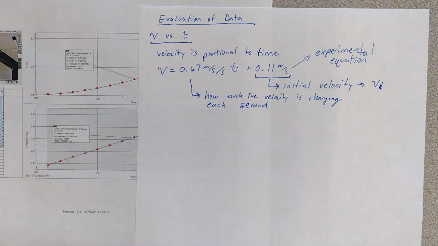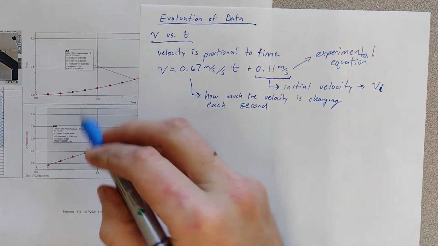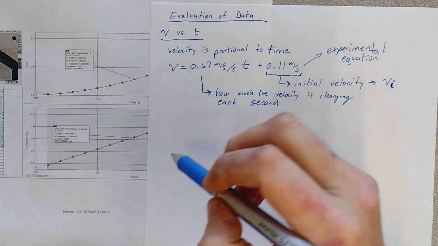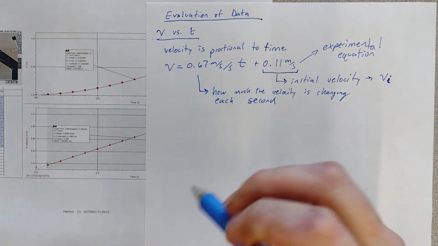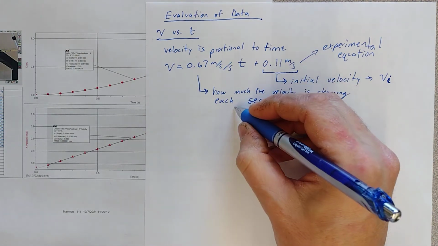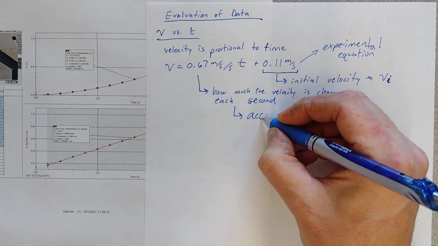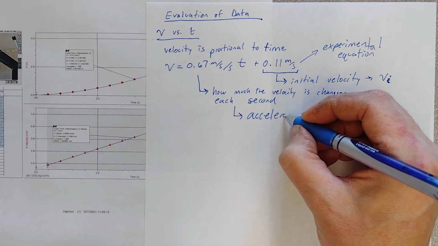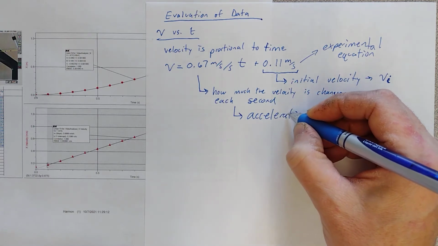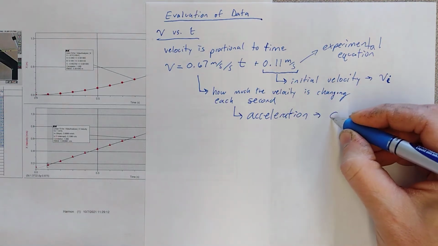Right? Each second the velocity is changing. It's changing by positive, because it's a positive slope, 0.67 meters per second each second. We call this acceleration, A-C-C-E-L-E-R-A-T-I-O-N, acceleration. And its symbol is a lowercase a.